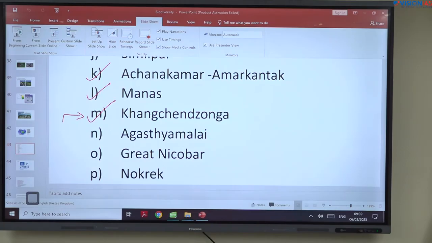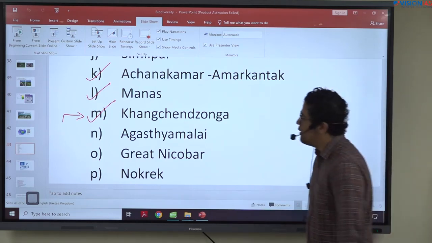Full stop. Highest peak of Western Ghats, Anaimudi, is located here.